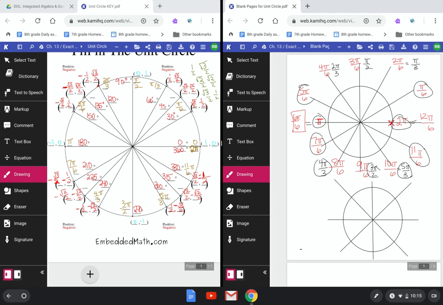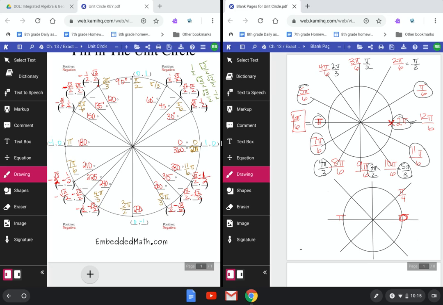Here we have our 45 degrees. If this is 0, and this is pi, well, we split this into fourths. So this would be 1/4 pi, so pi over 4.